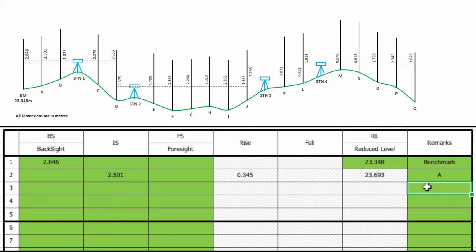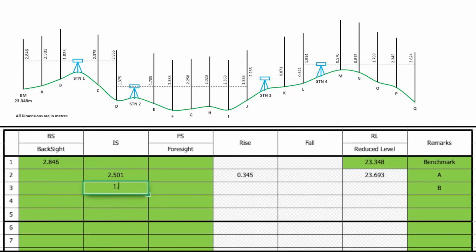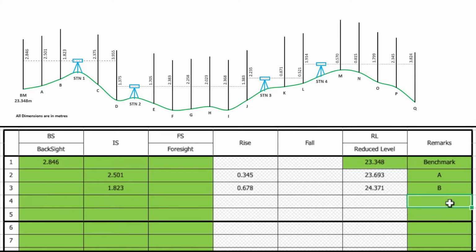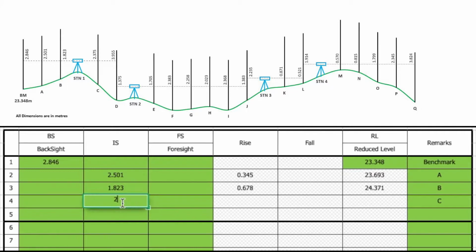Next reading relates to point B. Again, an intermediate reading, 1.823. Next point is point C. Again, an intermediate reading, 2.375.